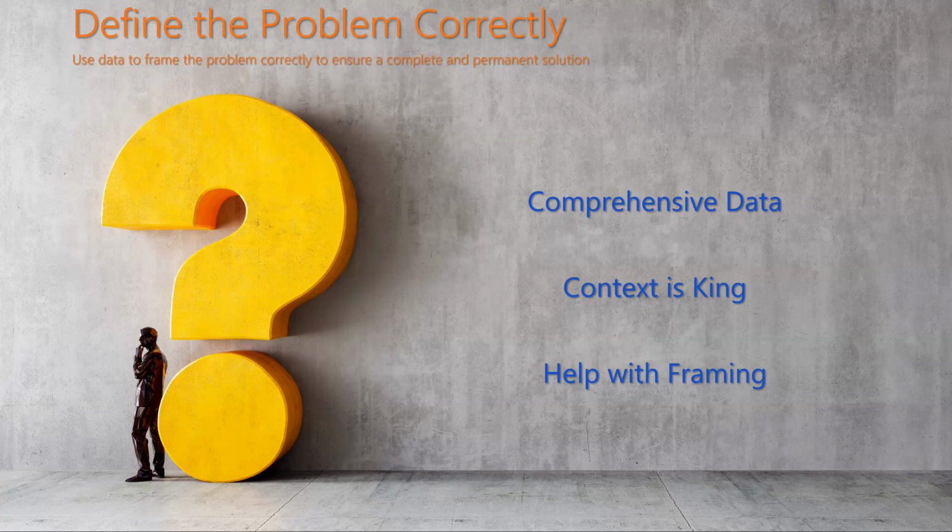The next big issue is that the data being collected is not fully contextualized. When it comes to framing the problem, context really is king. When instances of downtime are being collected by simple tick sheets on a piece of paper, it's impossible to track the complete context of each downtime event.